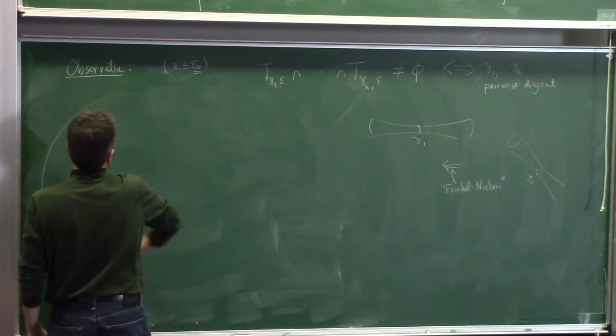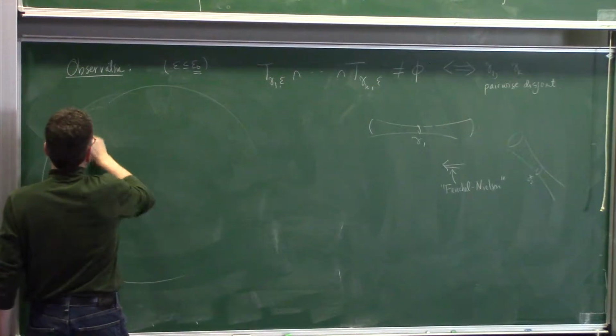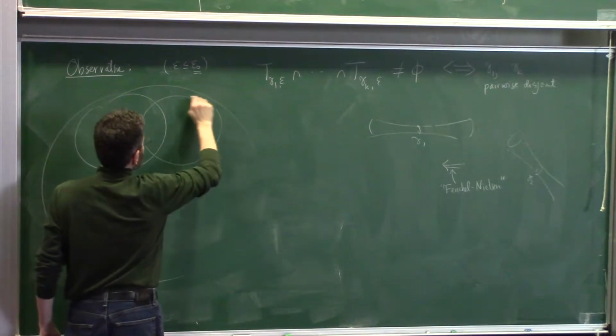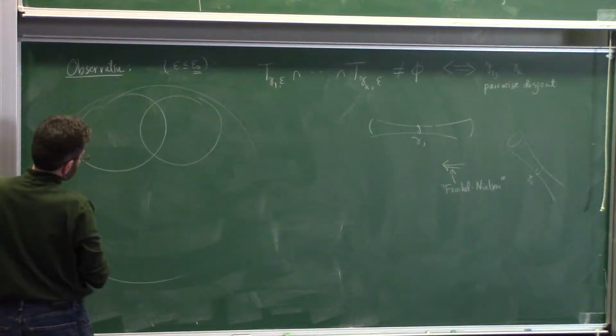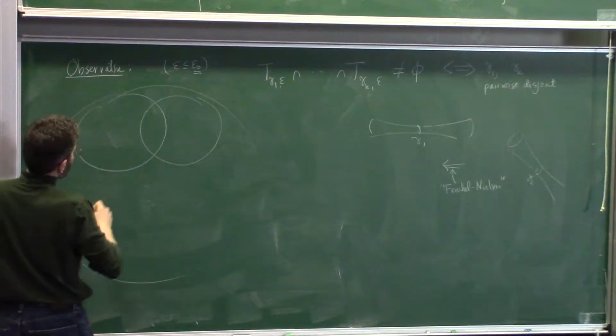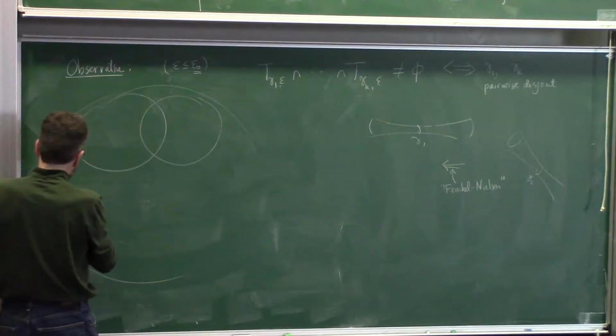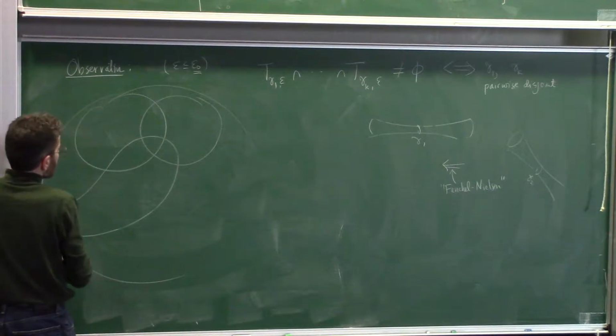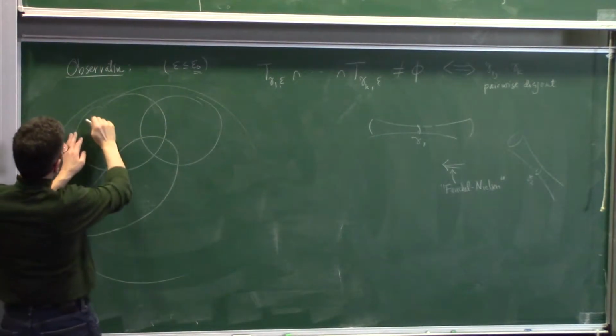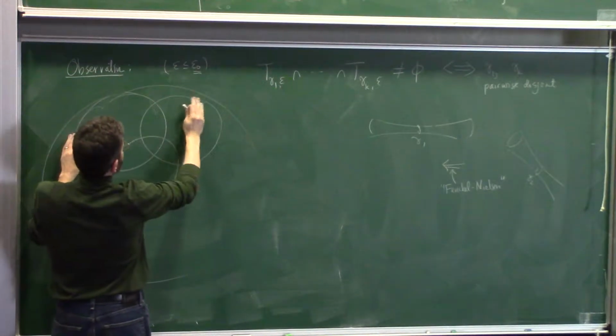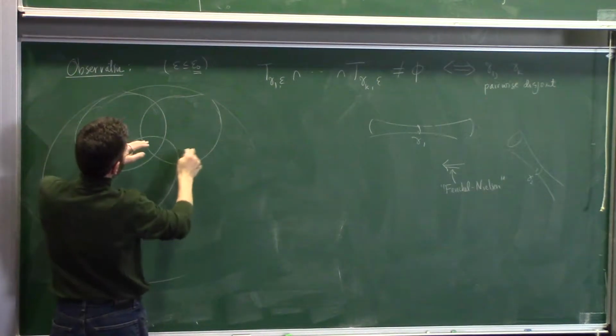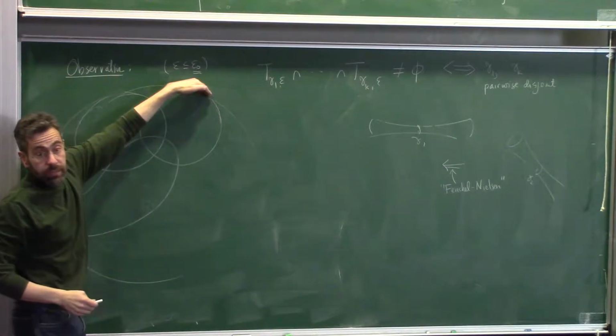So inside the Teichmüller space, we now have a pattern where these things do intersect, and they might intersect in a pattern like this. I'm trying to draw them so that they are non-compact, because you can send the length all the way to 0, and then you go to infinity in the Teichmüller space.